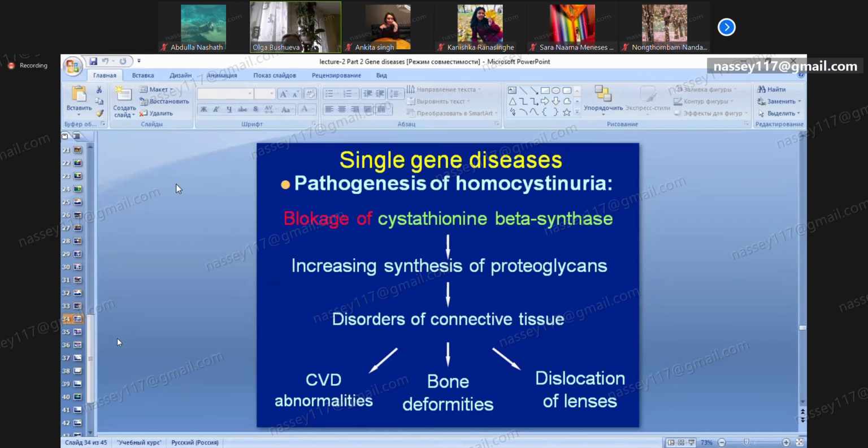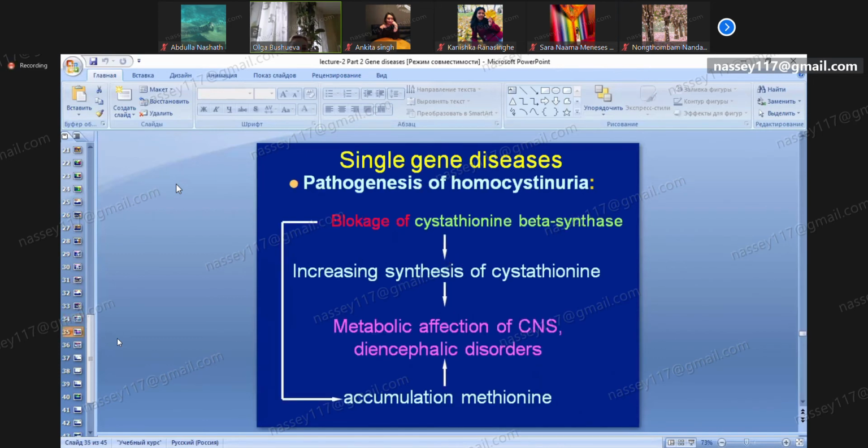Pathogenesis of homocystinuria is associated with blockage of cystathionine beta synthase, and it leads to increasing synthesis of proteoglycans, different disorders of connective tissue, leading to central nervous and cardiovascular disease abnormalities, bone deformities, and dislocation of lenses.